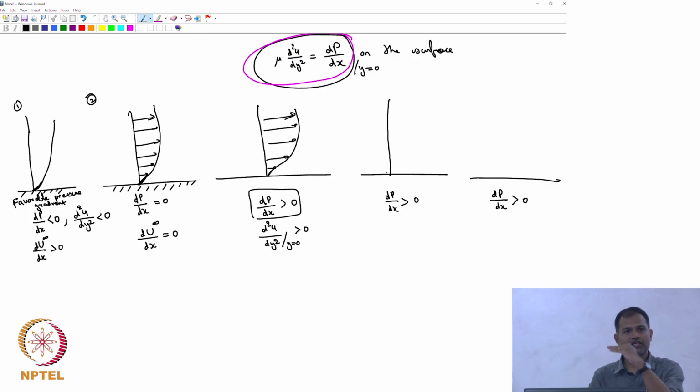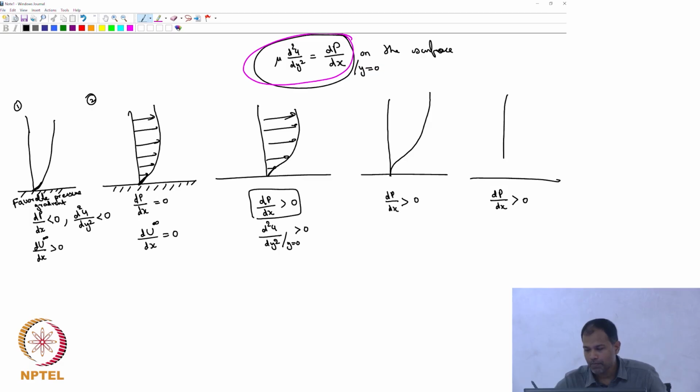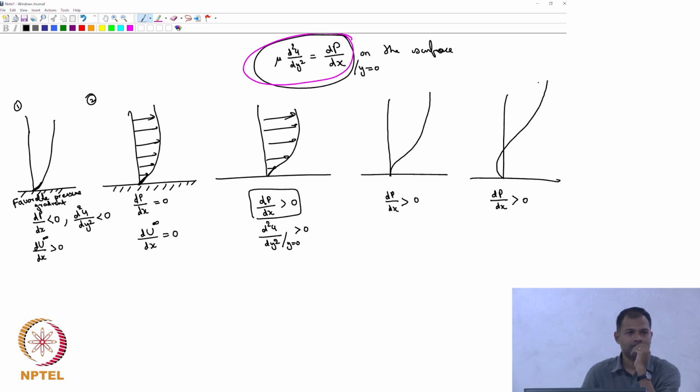This curvature would increase at the wall. It would almost become flat. If dp by dx is much larger, it would bulge even more inside the boundary layer.